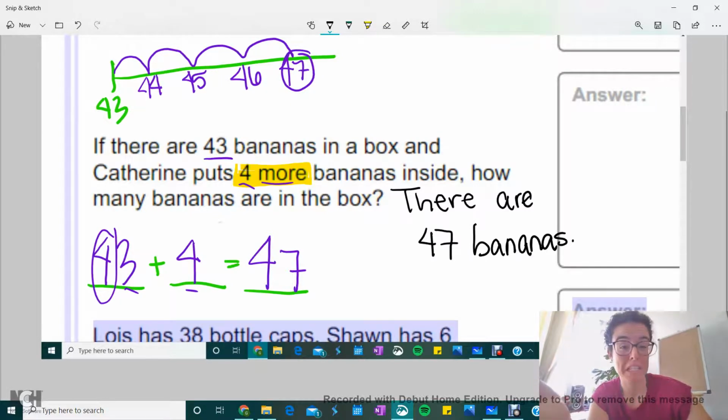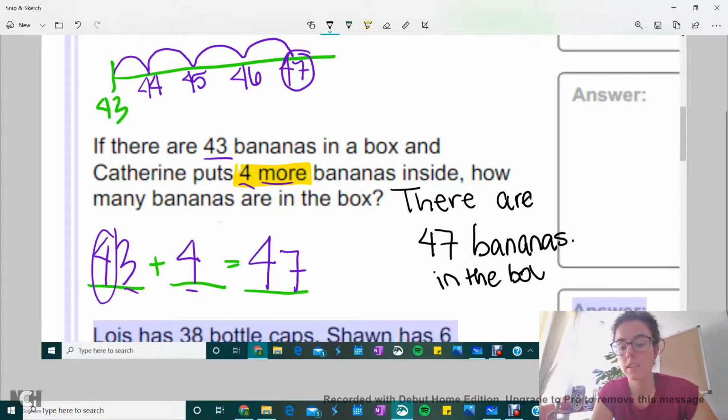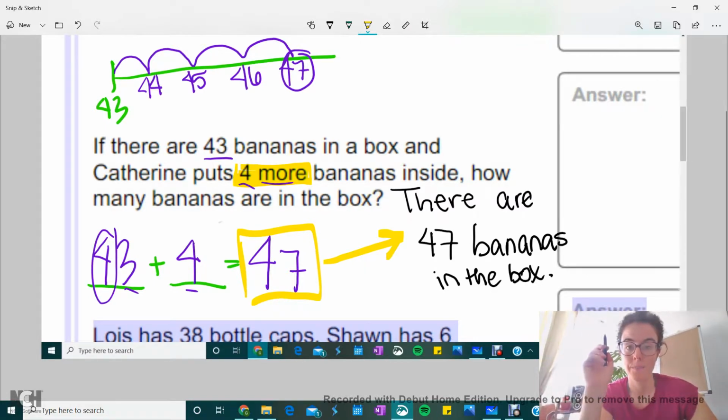If you want to be really fancy, guys, you could say there are 47 bananas in the box. But it's not necessary. If you want, you can say there are 47 bananas or just 47 bananas in the box. You decide. The important thing is to make sure you take your final answer and you put it into a sentence. That is the important part of word problems.